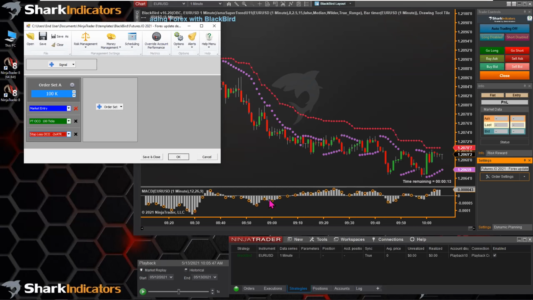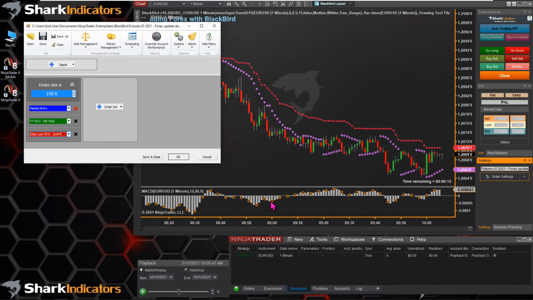And then when the MACD histogram crossed that 0 line and went against the direction of the trade, then the stop loss is going to switch over to following the parabolic SAR, right?